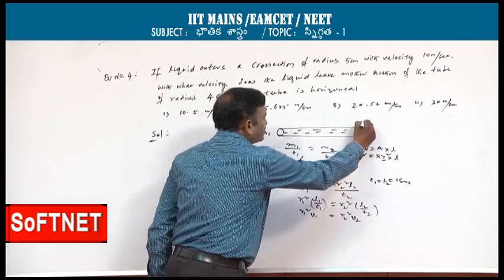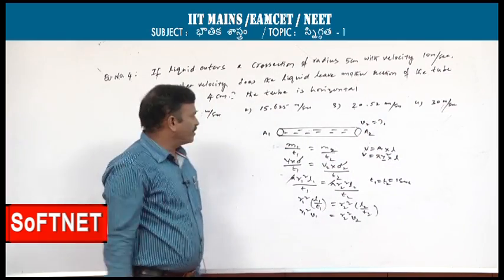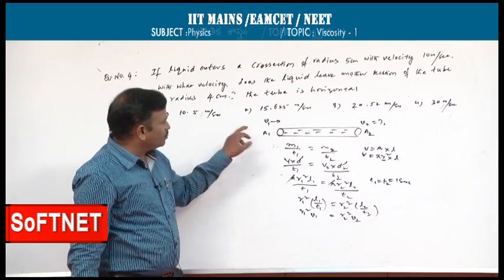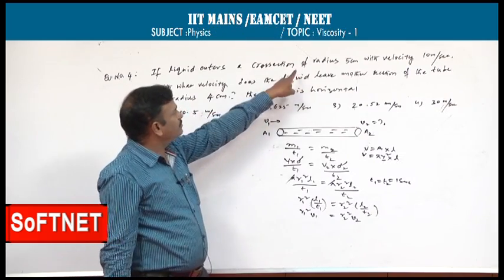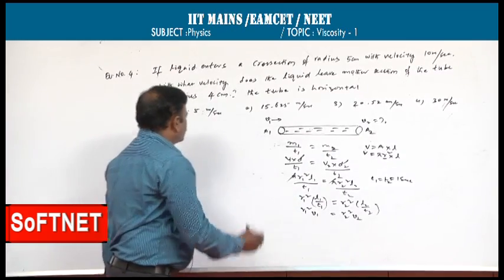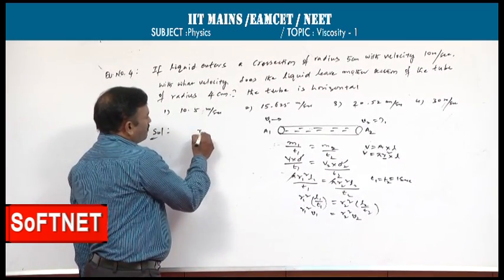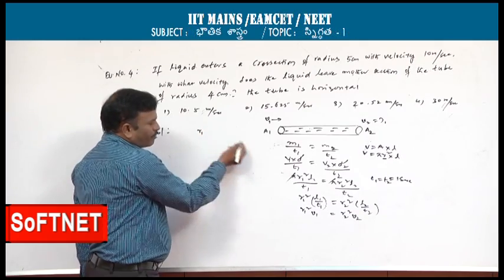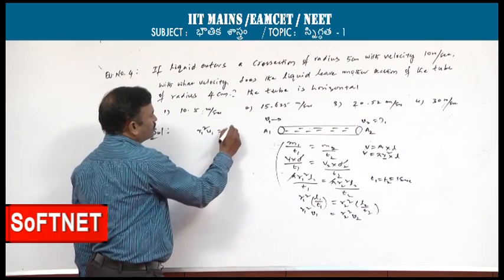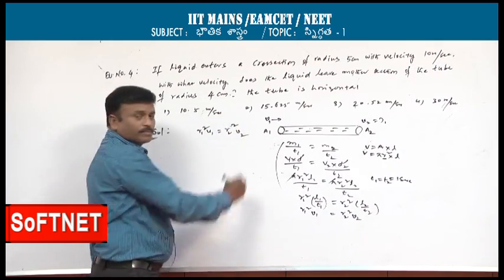But we need the velocity V2, how much is it? The velocity with which the liquid enters the tube is V1, that is given, 10 meter per second. V2 is equal to how much? That is the question. Now the formula is R1 square V1 equals R2 square V2.